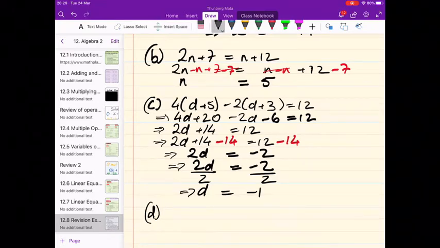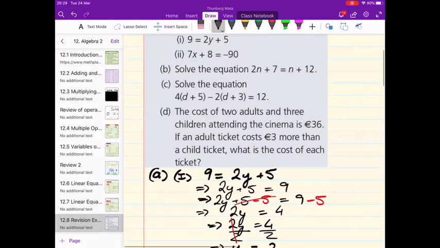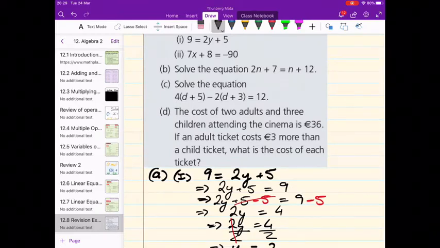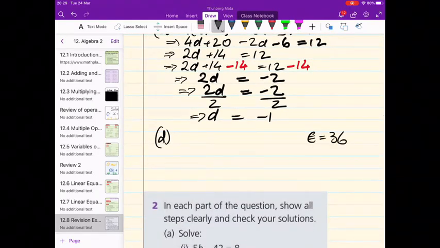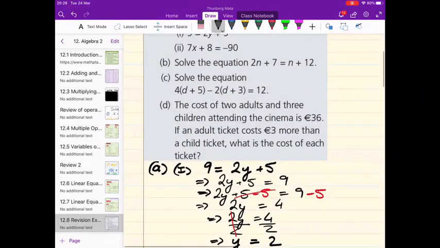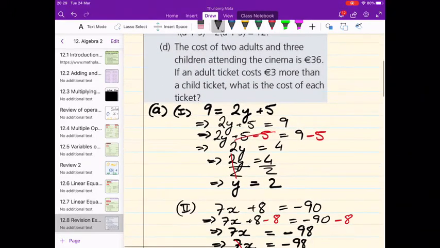Now, part D coming up next, I think, is a word problem. So we'll get a read of that. The cost of 2 adults and 3 children attending the cinema is 36 euros. So whatever we're going to have, it's going to end up as equal to 36 euros. That's the total cost.